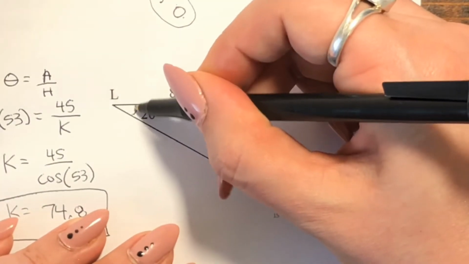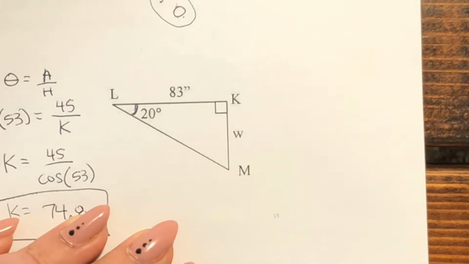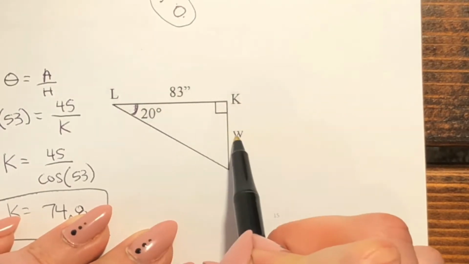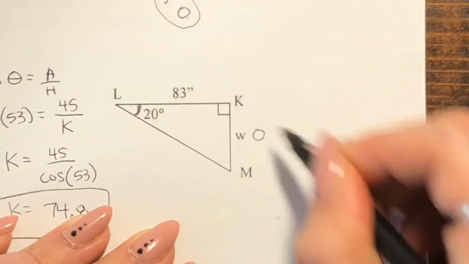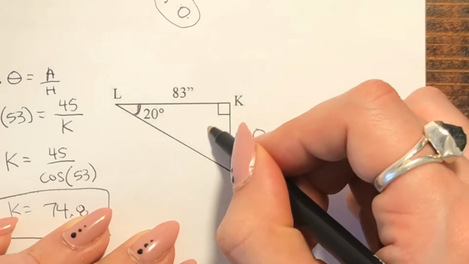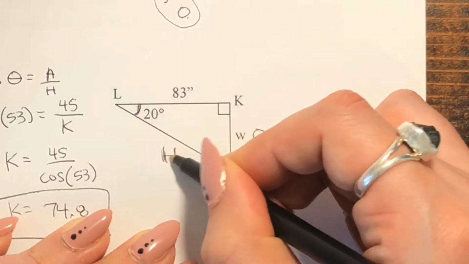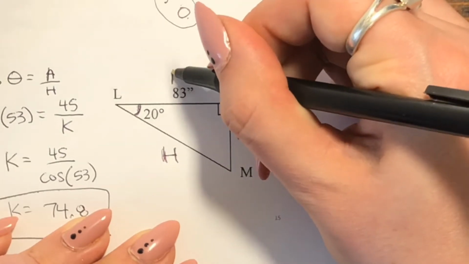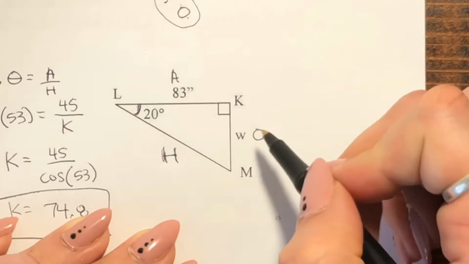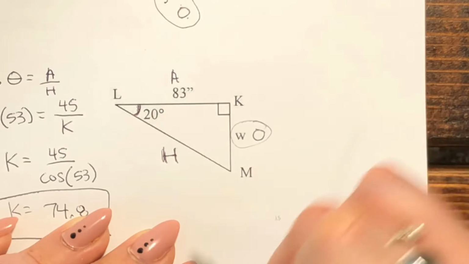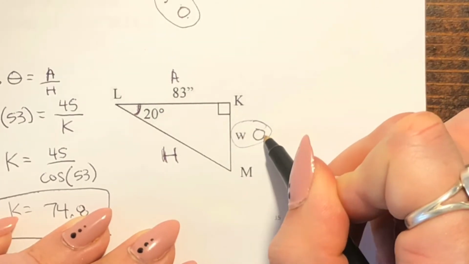This time they gave us angle L over here. So from this angle, our opposite side would be here. Our hypotenuse is always across from that right angle, so it's our big side. And that means this would be our adjacent. So on this one, we have O. We're looking for W, which is the opposite side.